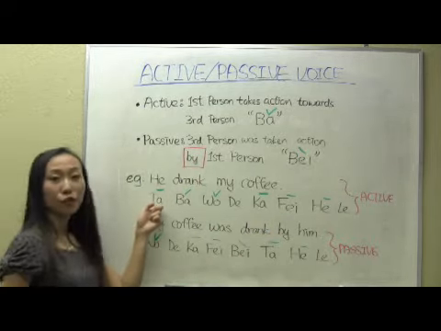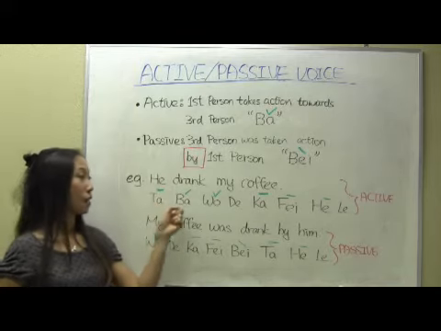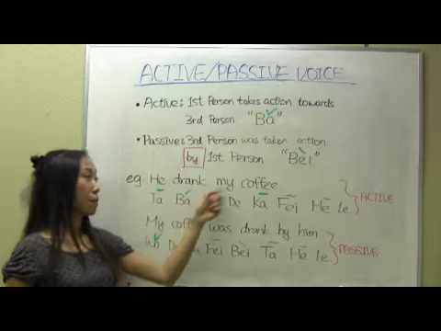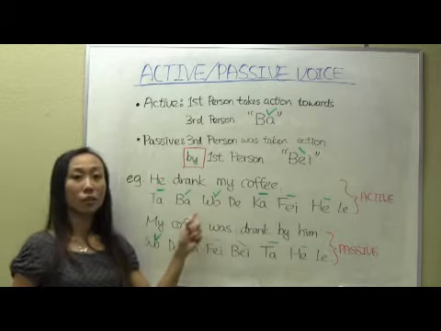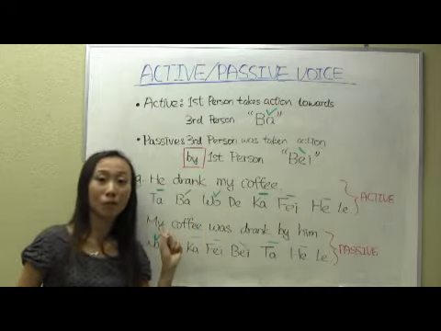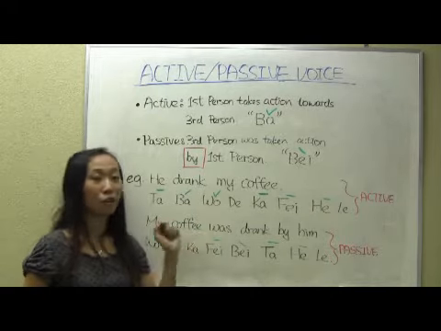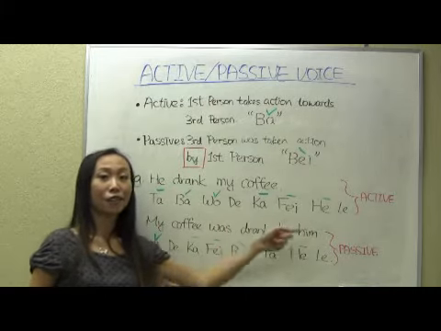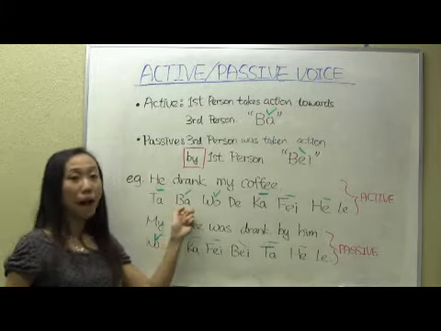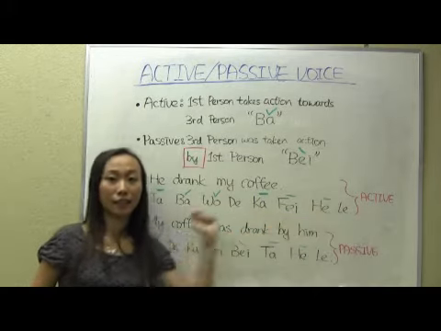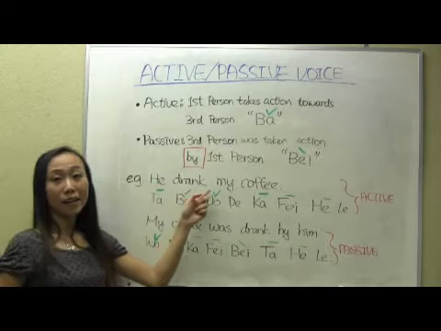So first person, he, 他把, and then the third person is my coffee, 我的, mine, because as we learned, it is possession. I have the possession of what? The coffee. 咖啡. So 他把我的咖啡喝了 means he drank my coffee.